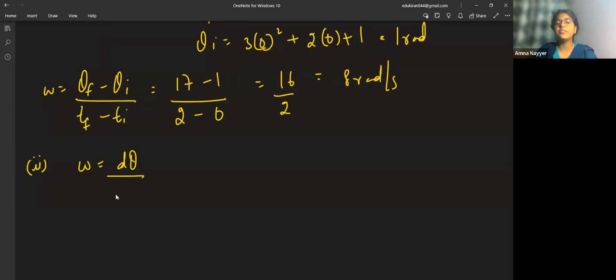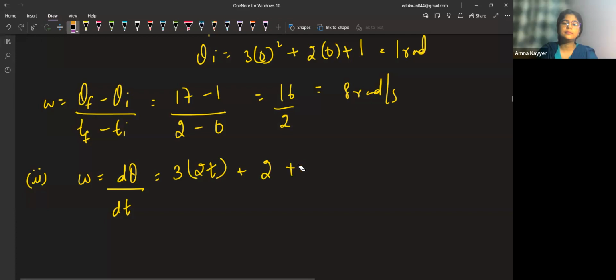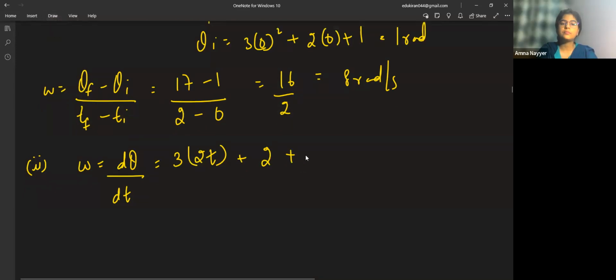So we have to differentiate it, d theta over dt. That becomes 3 into 2t plus 2 plus 0, so this becomes 6t plus 2.